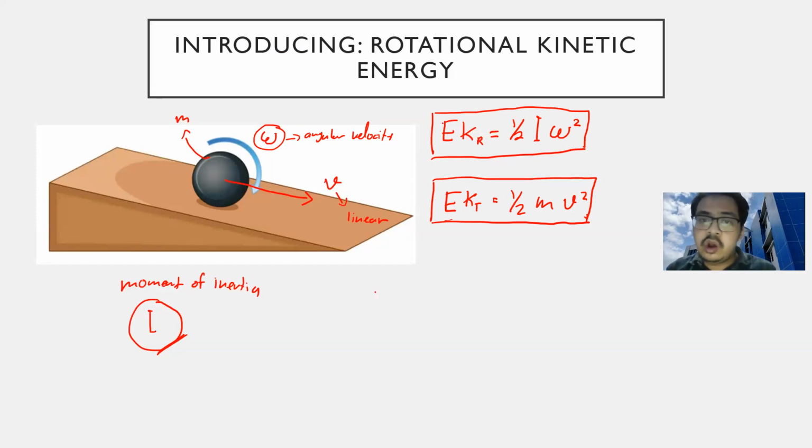Okay, sir, but we already have the rotational kinetic energy here. Why do we still need this term? Okay, not that fast. Because even if you have the rotational kinetic energy, that rotational kinetic energy only describes the energy due to the rotating motion, rotating through this axis here, but not the linear motion here.